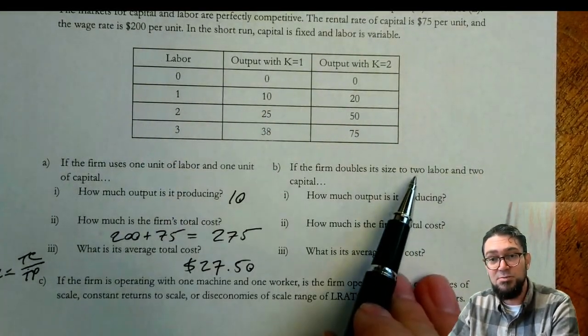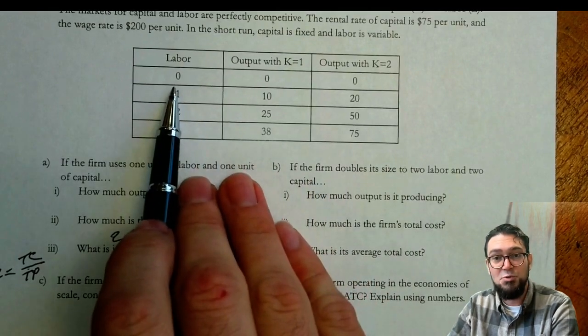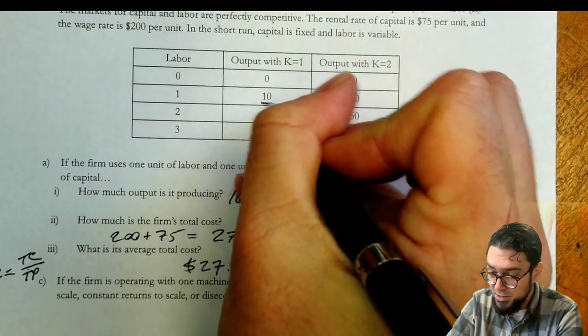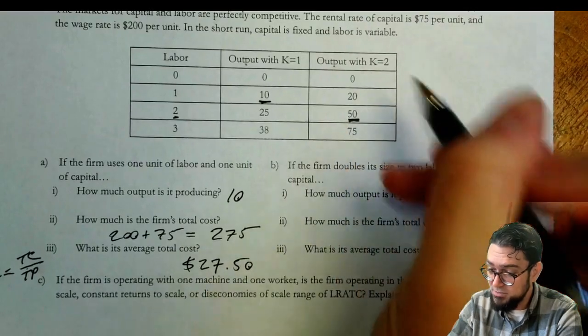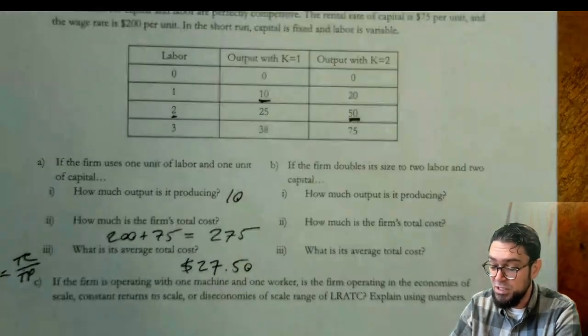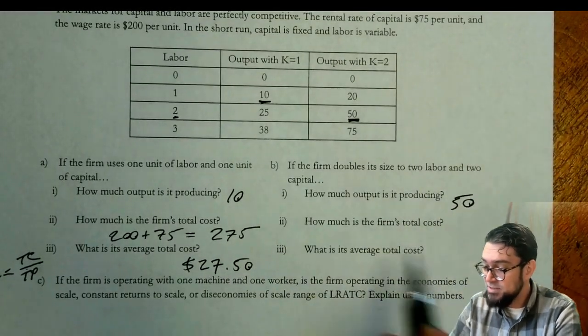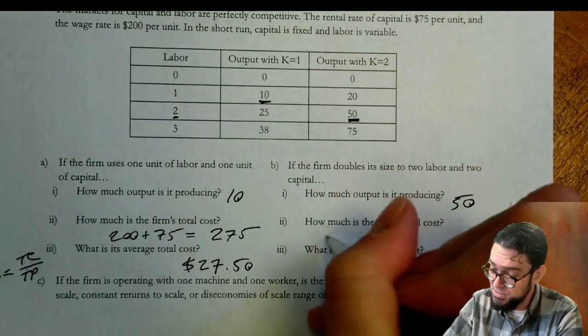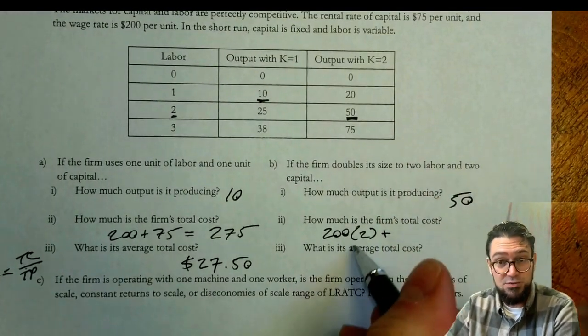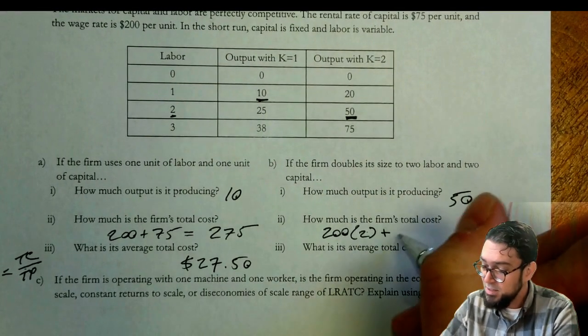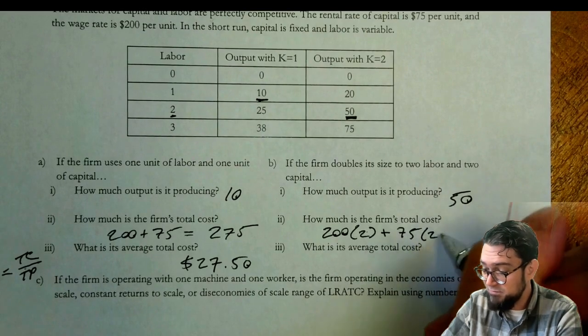And now, what if the firm doubles its size? In other words, they doubled to 2 labor and 2 capital. So we moved down here. We were here at 10, and we moved to 2 workers and 2 machines now, right? With this one, now we're producing 50 units. And now let's figure out what our total cost is. So that's $200 per worker times 2, plus 2 machines, which are $75 apiece.